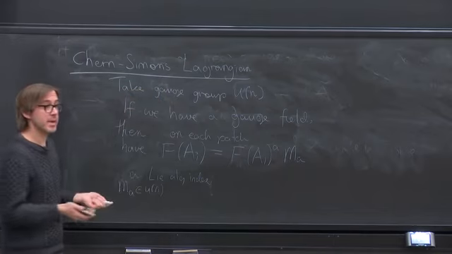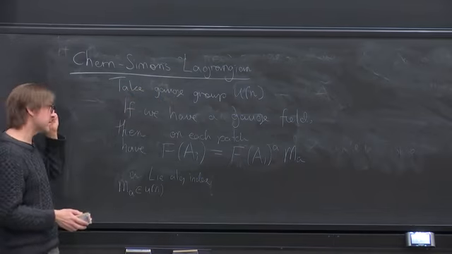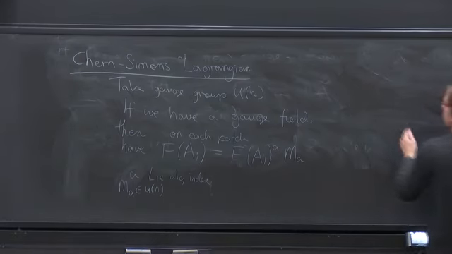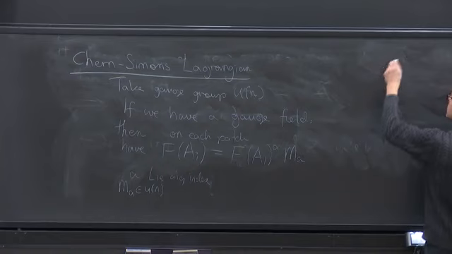So I'm choosing some basis of the space of n by n Hermitian matrices. And the curvature is gauge covariant.